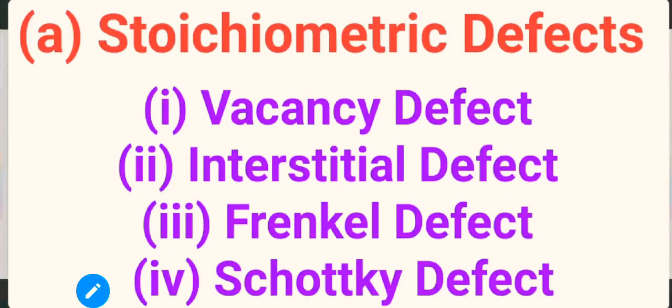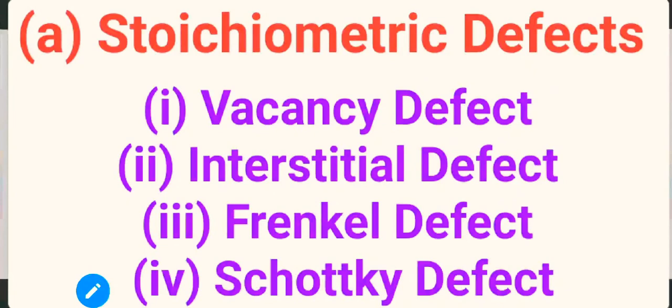So let us discuss our first defect, stoichiometric defects. In stoichiometric defects we have four subcategories: vacancy defect, interstitial defect, Frenkel defect, and Schottky defect. We can categorize these four defects into two parts. The first two, vacancy and interstitial defects, belong to the same category: they are observed in non-ionic compounds.